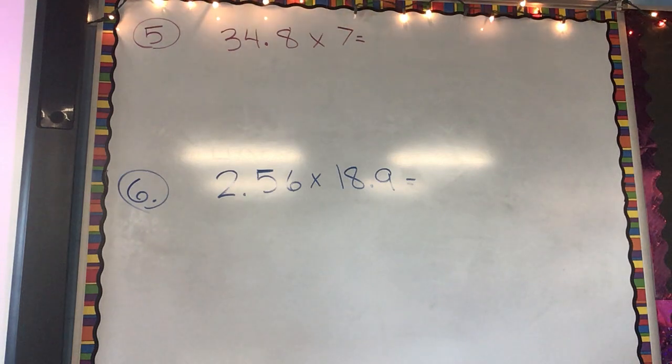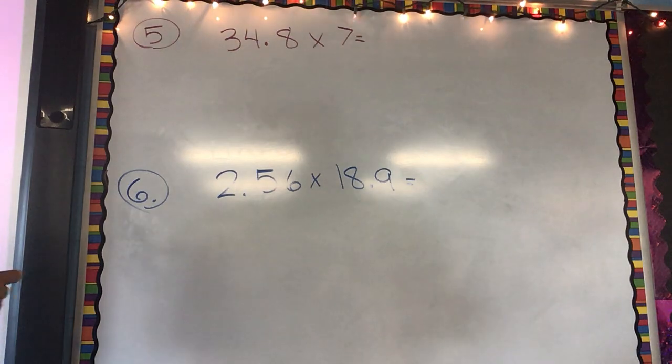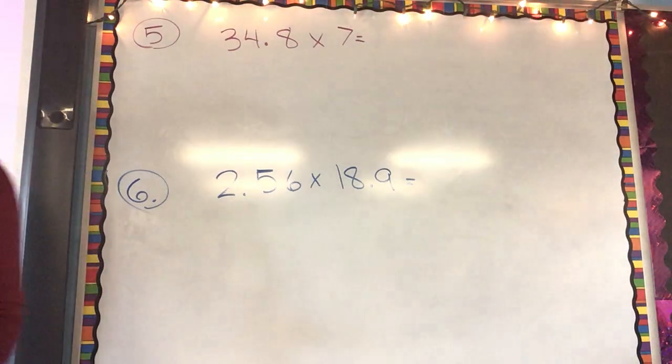You have a question? Is it okay to round on number 5? No, we're finding exact answers right now. If you're supposed to round, it will tell you to round or to estimate, and then you would round your factors. But if it doesn't tell you, then you're finding exact answers.